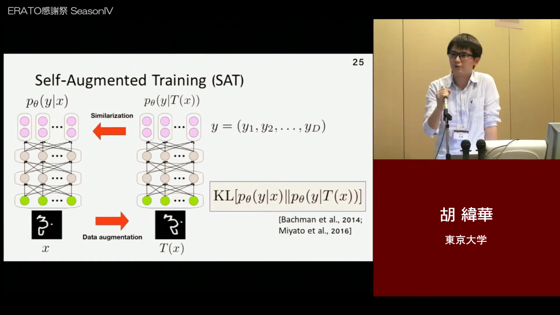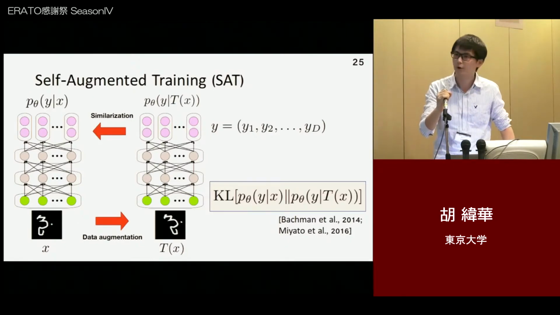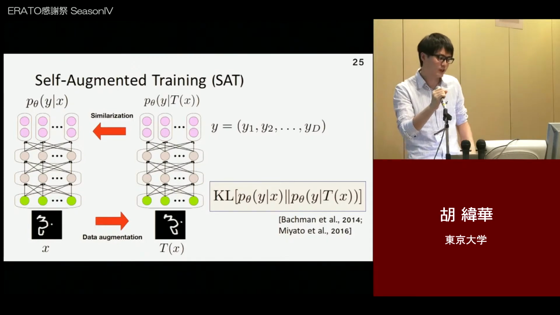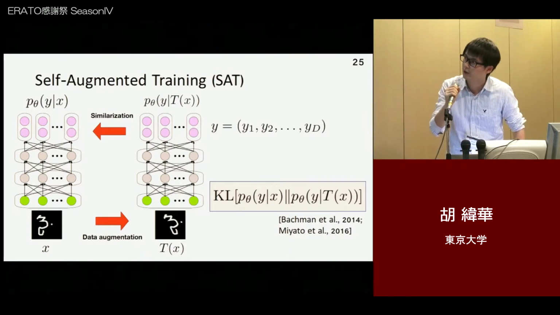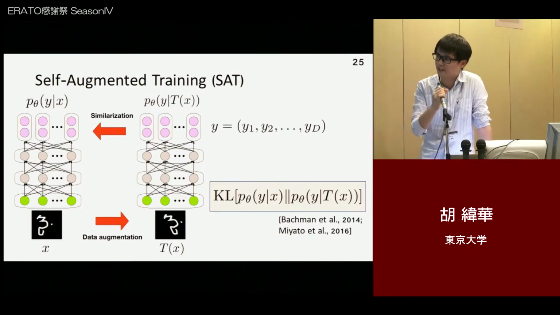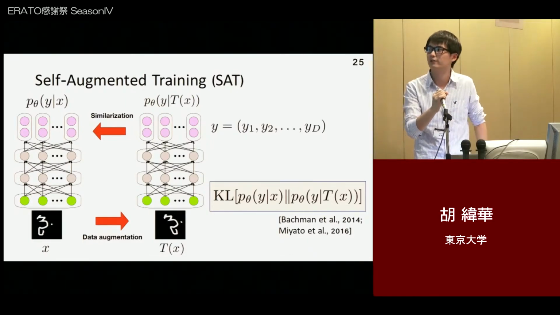Then our proposed regularization is very simple. So we first make the prediction of the original data point x. So the prediction is p of y given x, and we augment the data, which we denote as t of x, and we again make the prediction of t of x.